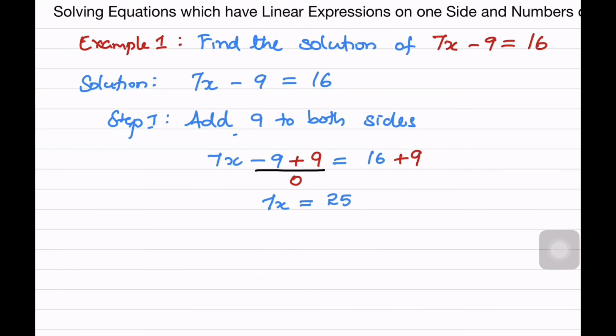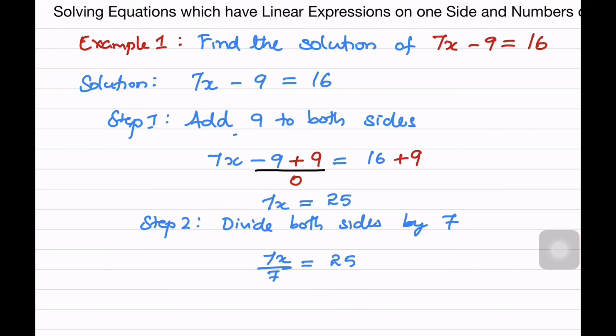So x is equal to, now we have to eliminate 7. So step 2, divide both sides by 7. So 7x by 7 equal to 25 by 7. 7 gets cancelled. So x is equal to 25 by 7.